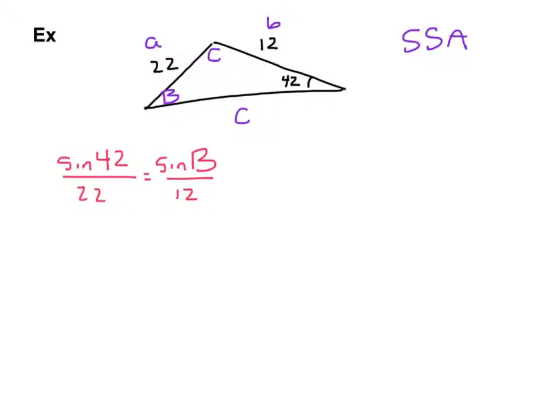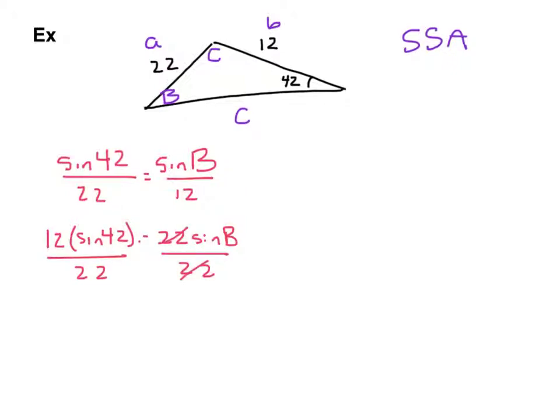So cross multiply: 12 times the sine of 42 equals 22 times the sine of B. Just divide both sides by 22. And we have the sine of B is equal to 0.36.